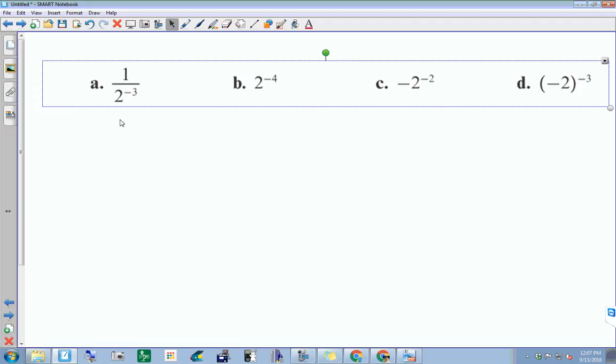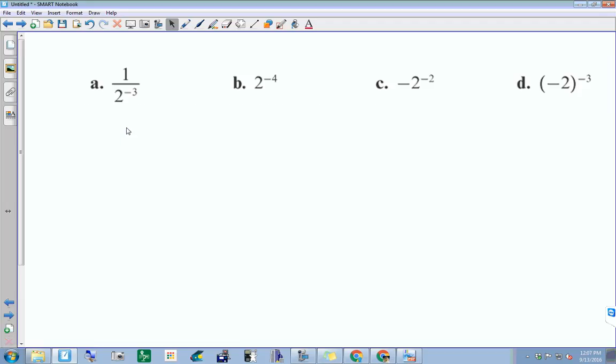So what do we get? For the interest of time, can anybody help them out? What you got? 8? Okay, so that goes up there negative, so it's just going to be a plain old 8. Absolutely correct.